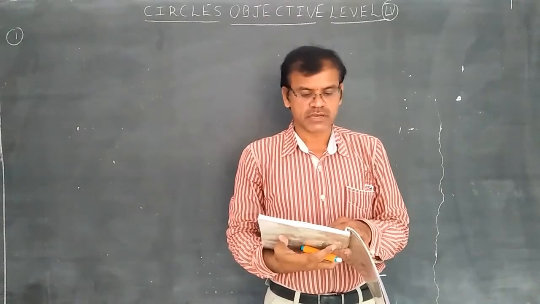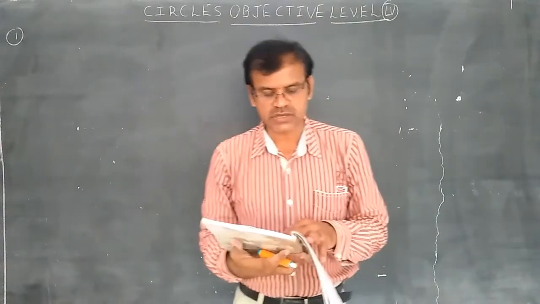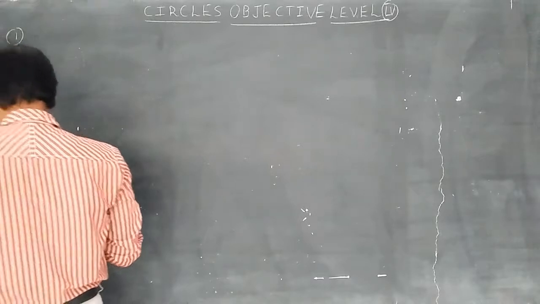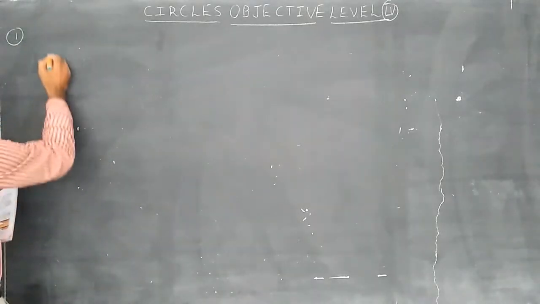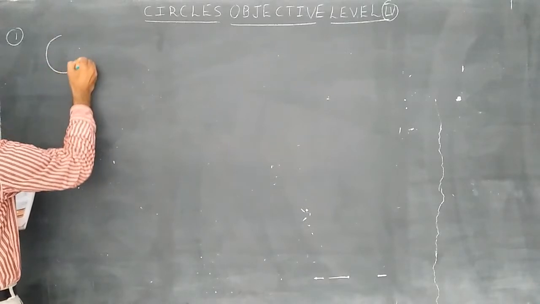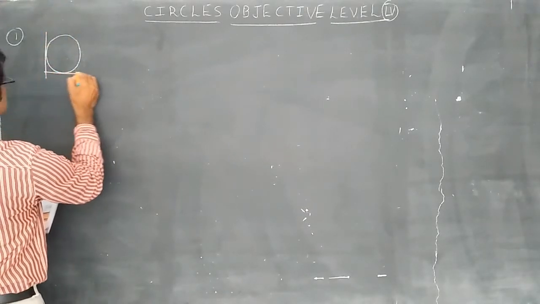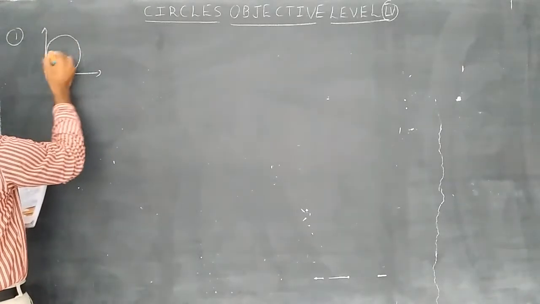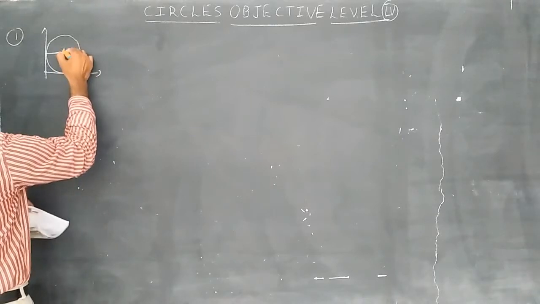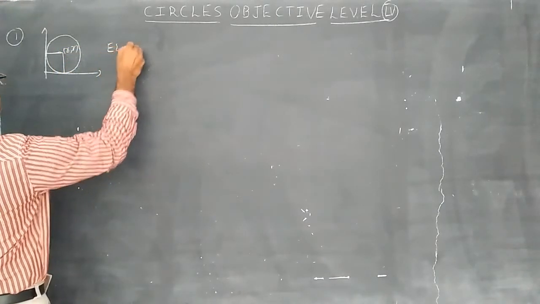The equation of circle in the first quadrant touching each of the coordinate axes at a distance of 1 unit from origin. If a circle touches both coordinate axes, then we know that the equation of circle is (x minus r) whole square plus (y minus r) whole square equal to r square.